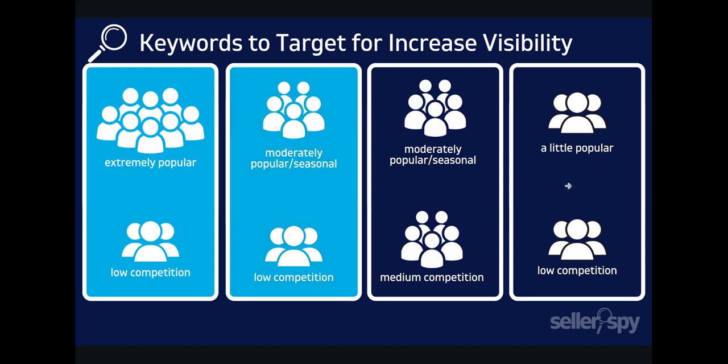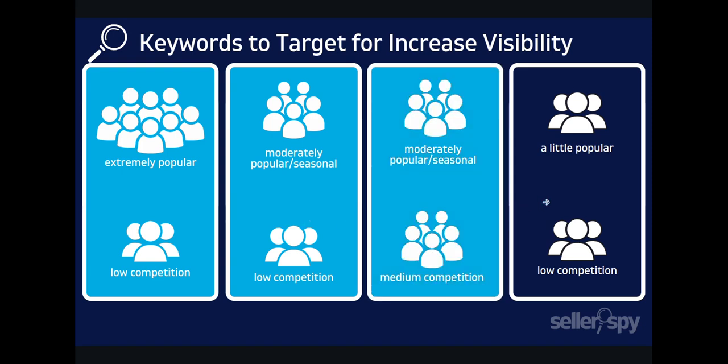Next is moderately popular or seasonal keywords with low competition. And I love seasonal keywords. You can really create a great store focusing on seasonal keywords. Definitely think about targeting some moderately popular seasonal. You could even look at moderately popular seasonal keywords with medium competition.